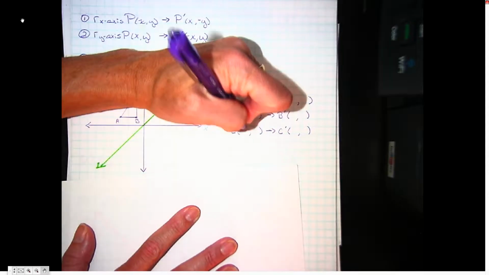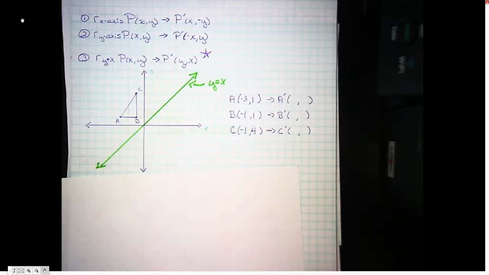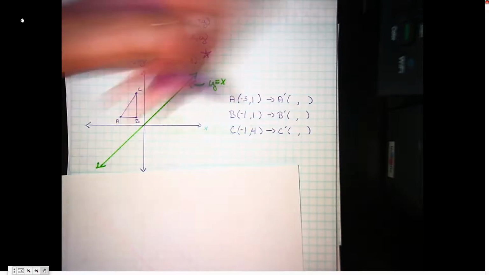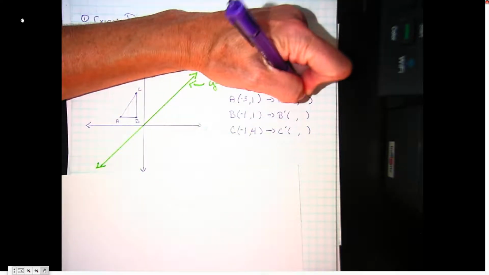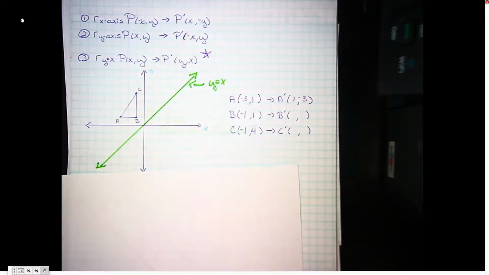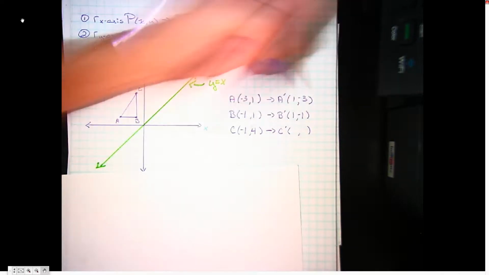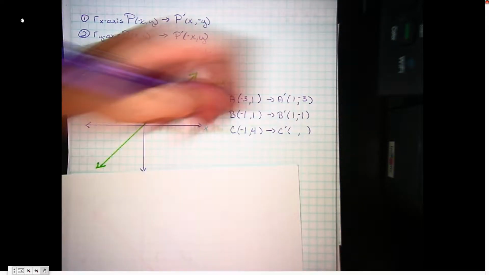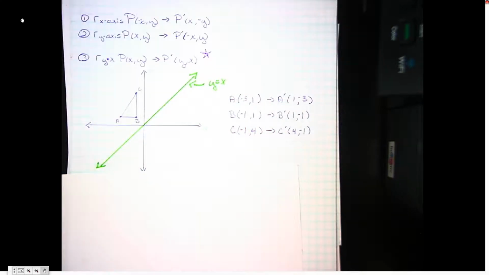If I apply my rule to it, all I do is swap the two numbers. So A prime is going to be at 1, -3. B prime is going to be at 1, -1. And C prime is going to be at 4, -1. All we did was swap them.